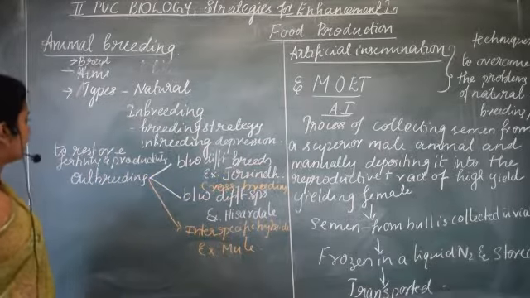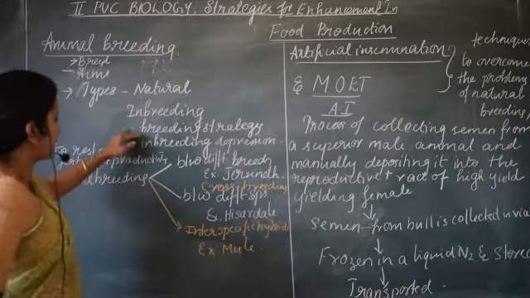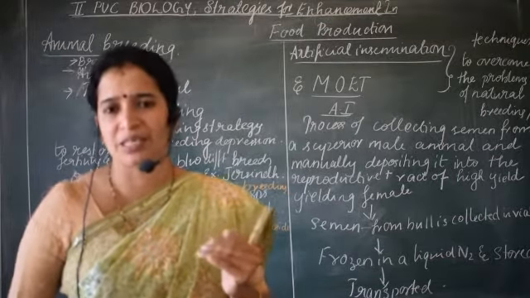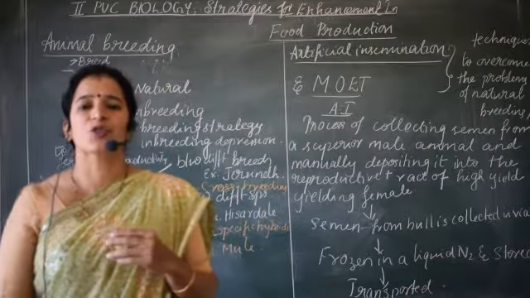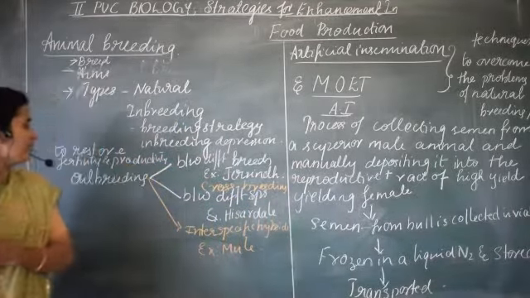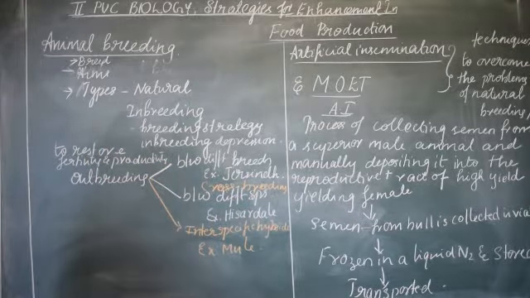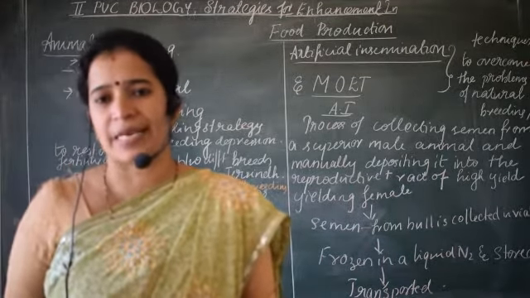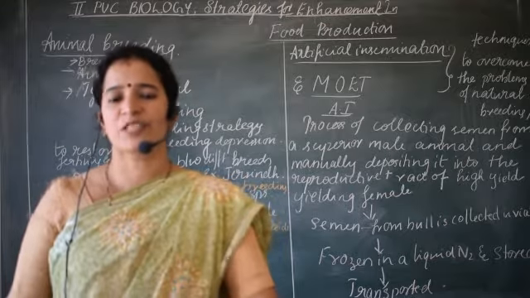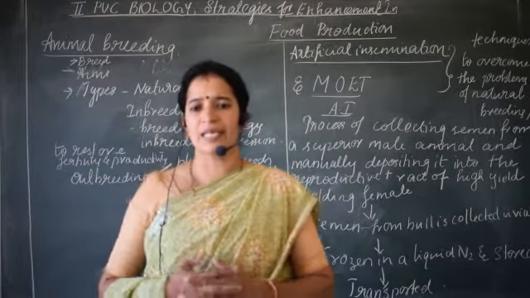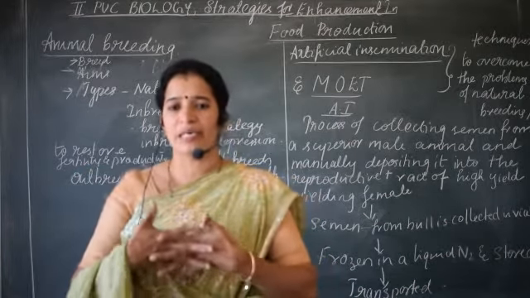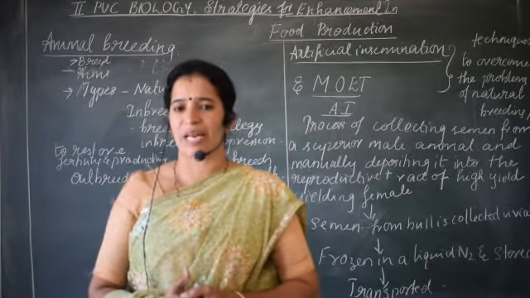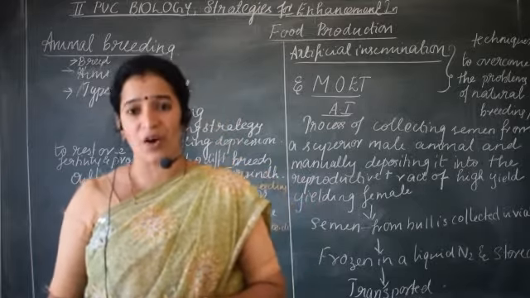In the inbreeding strategy, as we have discussed, we select a superior male and a superior female, and then we do the crossing between them. The quality of the superior male is based on the offspring produced and their strength.